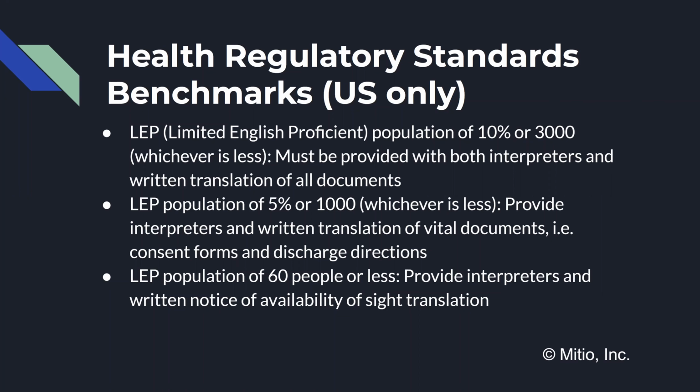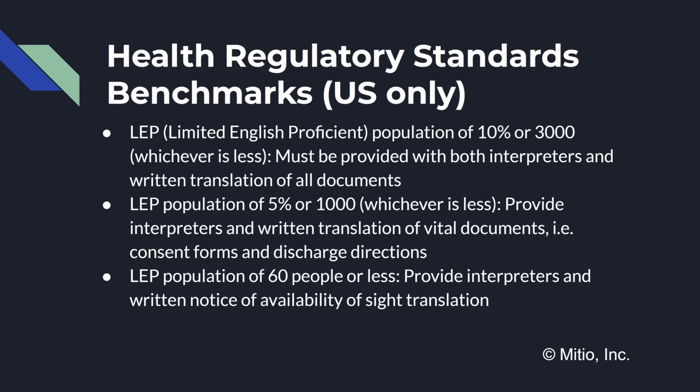And then the last category is an LEP population of 60 people or less. You would have to provide interpreters and written notice of availability of site translation. So in each case, the level goes down.